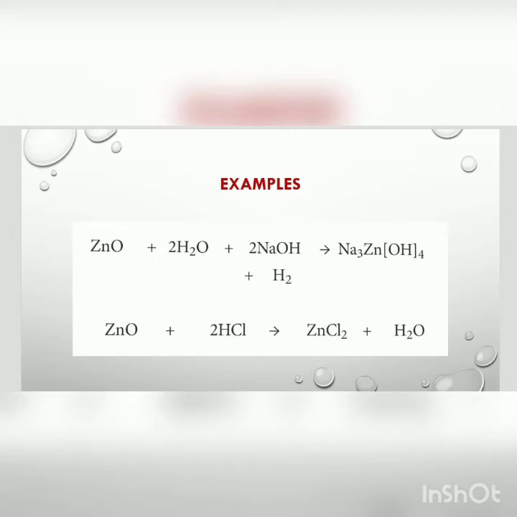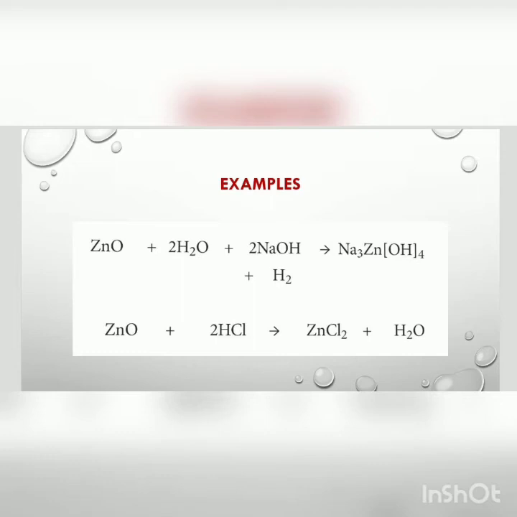So here ZnO plus 2HCl gives ZnCl2 and H2O. Here zinc oxide, which is a base, and 2HCl, that is an acid, form zinc chloride, which is a salt, plus water. This one is a neutralization reaction.